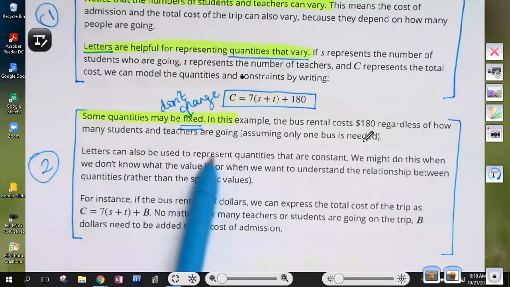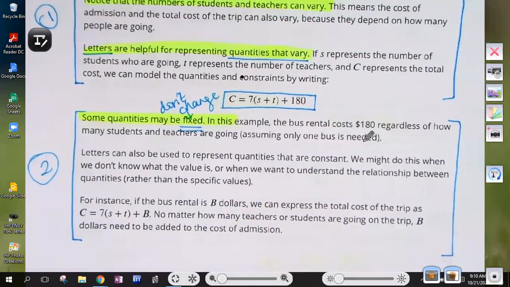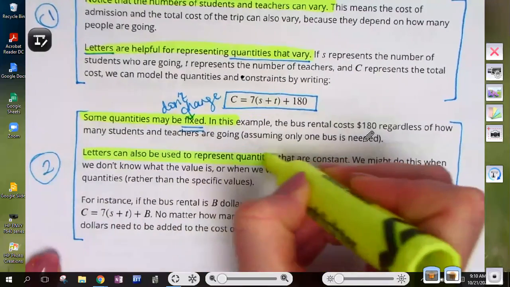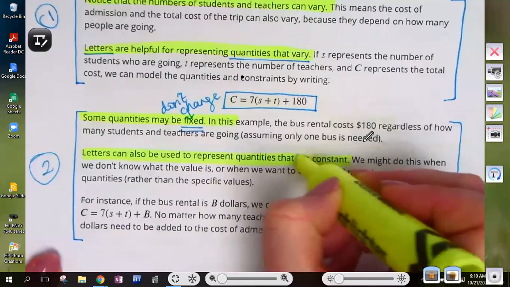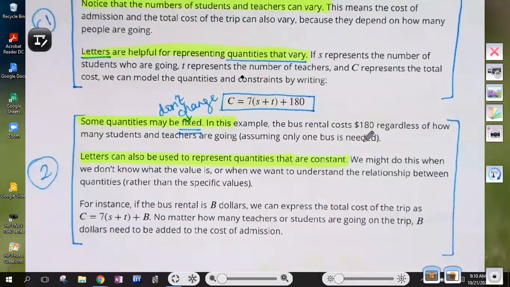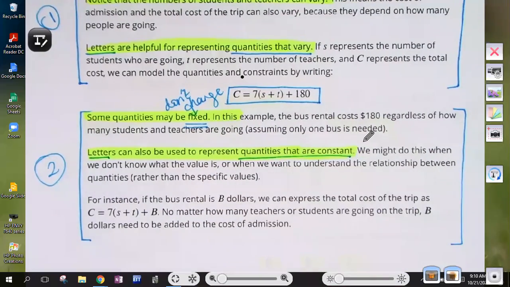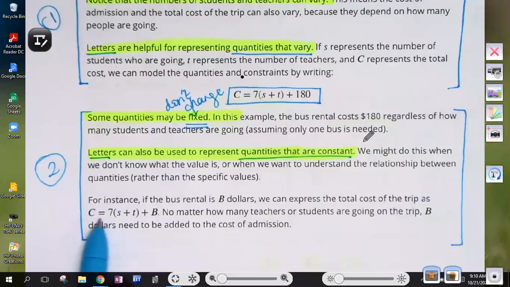Letters can also be used to represent quantities that are constant. We might do this when we don't know what the value is or when we want to understand the relationship between quantities rather than the specific values. For instance, if the bus rental is B, we can express the total cost of the trip as this.